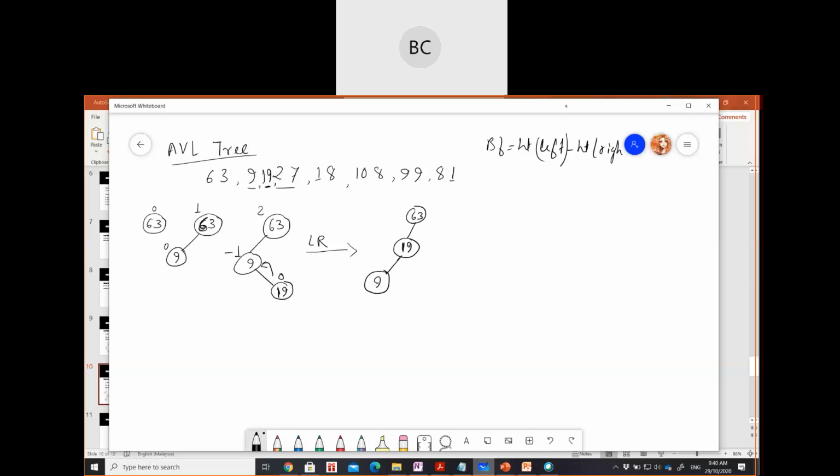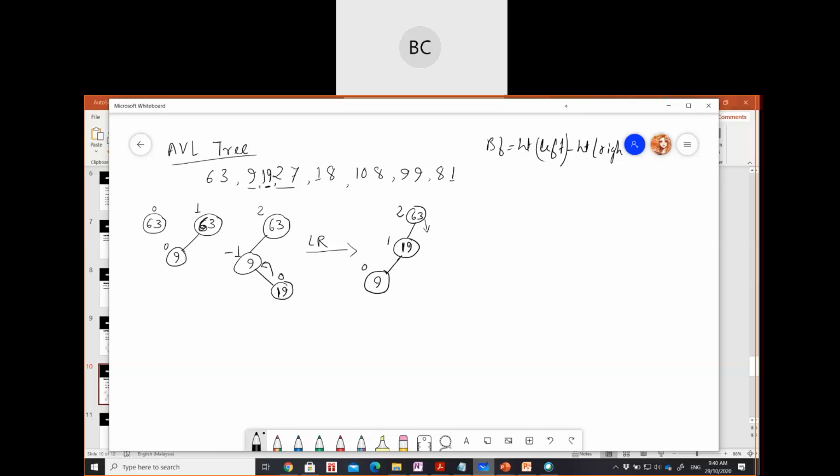So at this level, your balance factor is still 2, it's 1 and it's 0. First, we will perform the left rotation on the node just below the imbalanced one. Then after this, we will perform a second rotation, that will be your right rotation on the full tree.